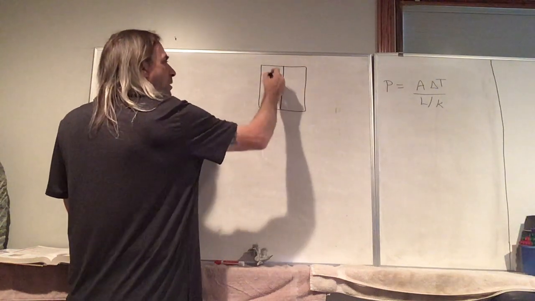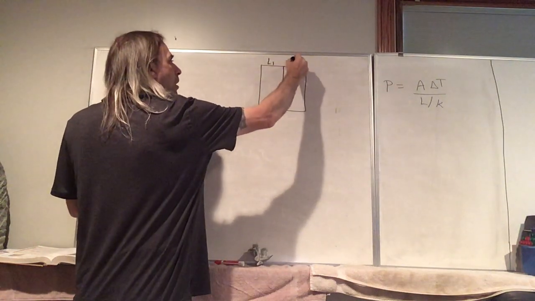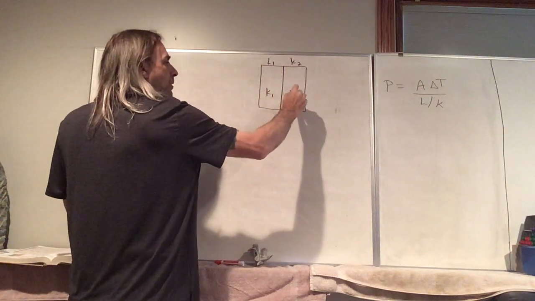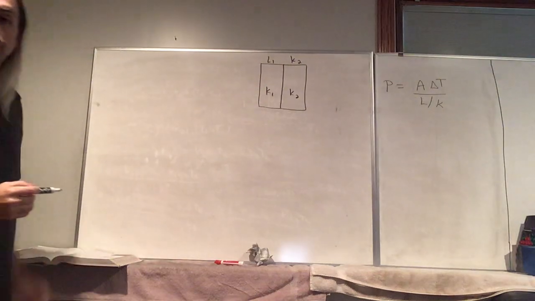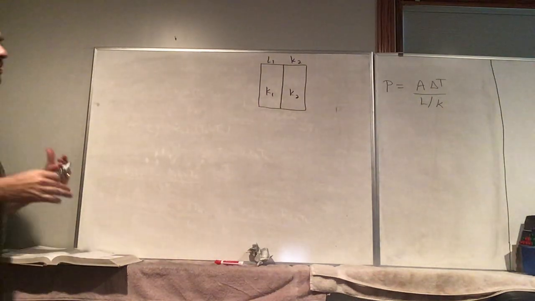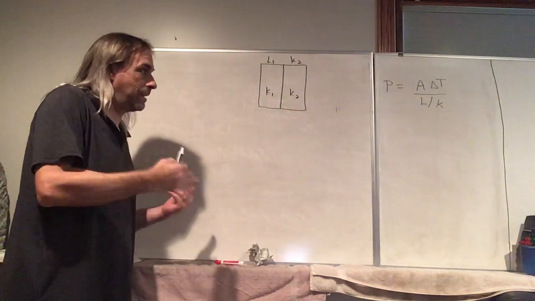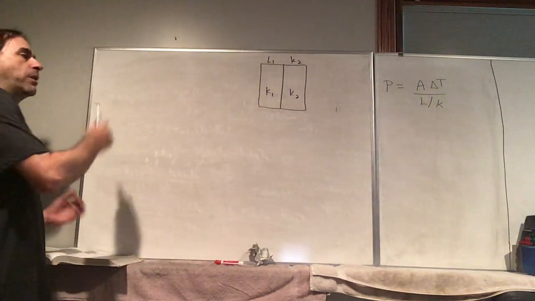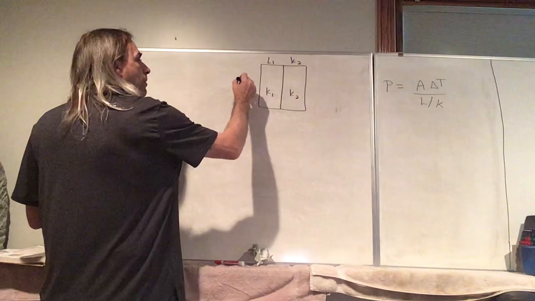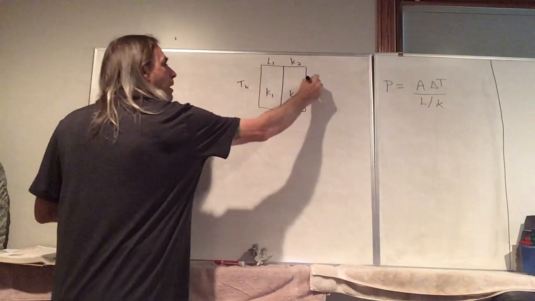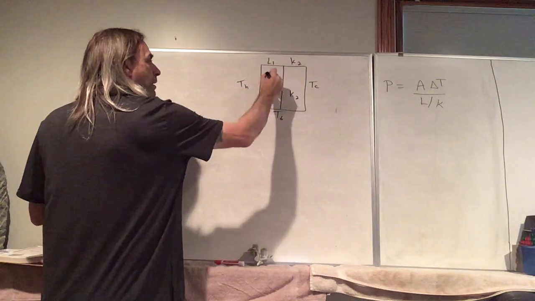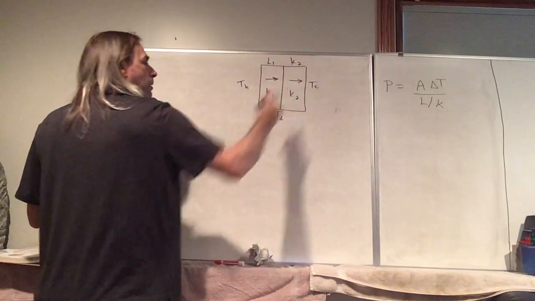Where we just have two materials, say lengths L1 and L2, and their conductivities K1 and K2. And we want to come up with a formula where we can do this at once without doing multiple steps where we have to find this boundary temperature. But just like before, we have TH and TC for hot and cold, and TB is the boundary.